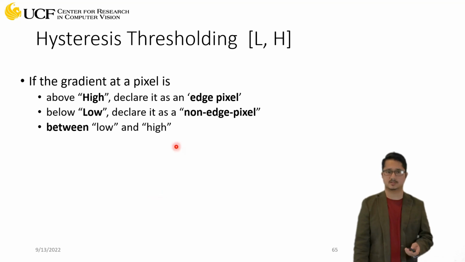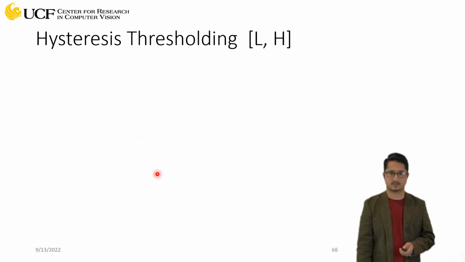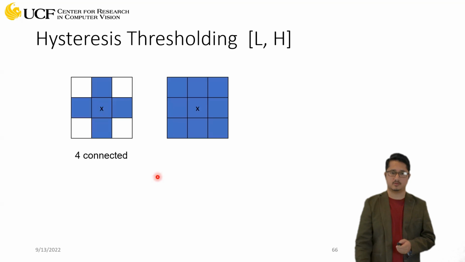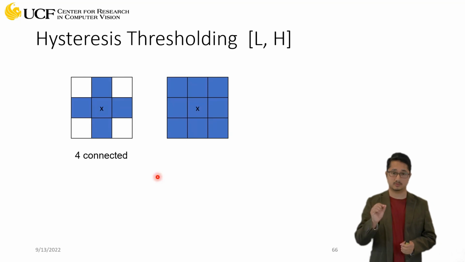Okay, these are just the steps which I briefly explained in the previous slide. Now, one interesting question here is, when we're trying to find the connectedness of the pixels, whether those are neighbors or not, there are different ways to do that. We can have 4 connectedness.